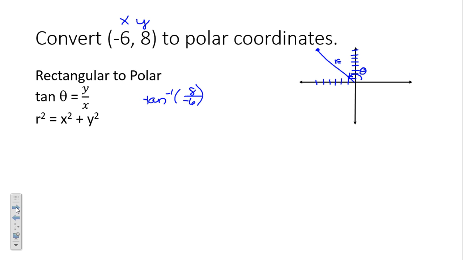Now, do we recognize 8 over -6 or 4 over 3 as something that we're supposed to know from our unit circle? Not a special angle, is it? So we'll break out the calculator. And what's the inverse tangent of 8 over -6?